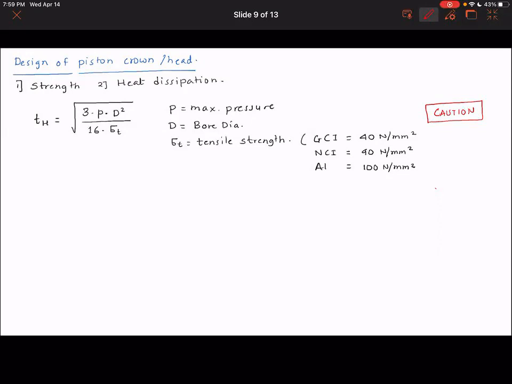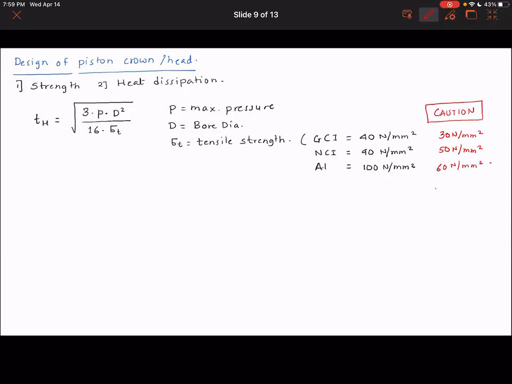So it's customary to over design the piston based on the strength criteria. So for example, for gray cast iron, the lower value is about 30. For nickel cast iron, the lower value is about 50 Newton per millimeter square. And for aluminum alloy, it's about 60 Newton per millimeter square.